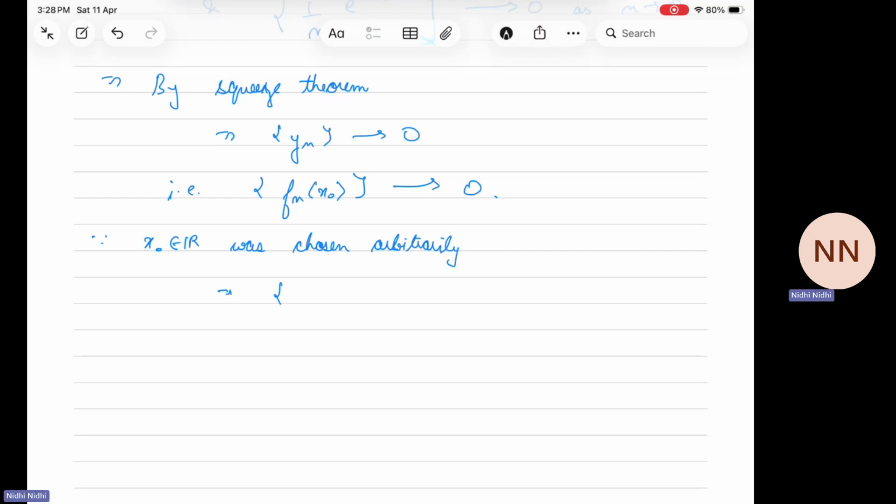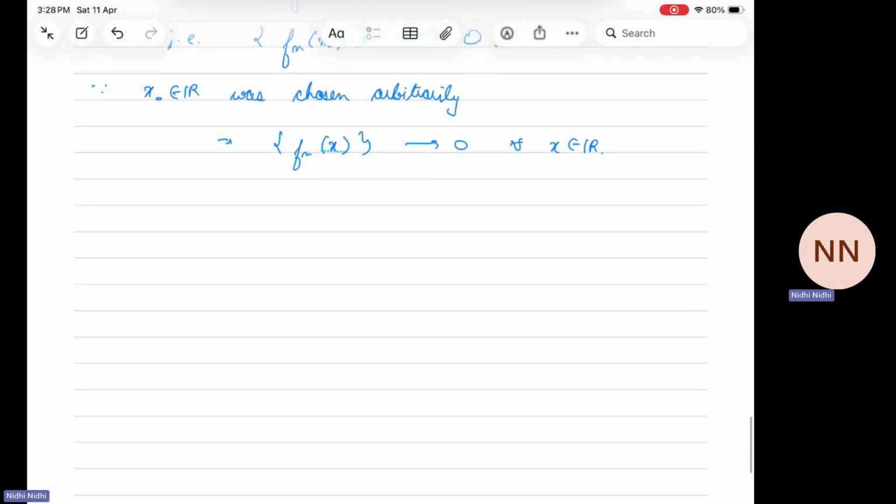This implies f_n(x) converges to 0 for every x in R. Now, if I define a function, what we call the zero function, f from R to R, f(x) is equal to 0 for every x in R.